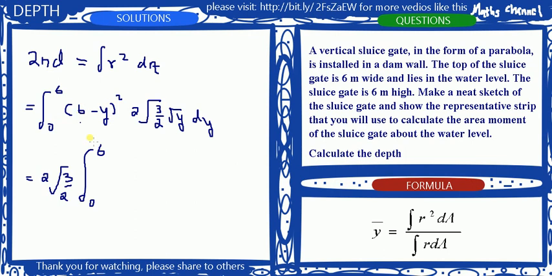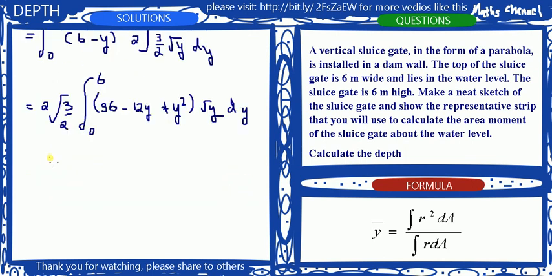Expanding this one will be 36, minus 12 y, plus y squared, and then there will be the root left behind, root y. So we'll multiply by the root inside the bracket.